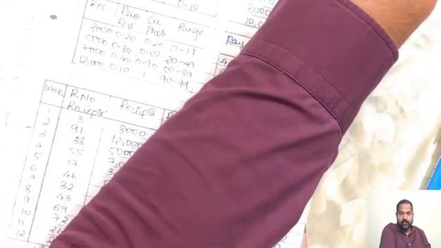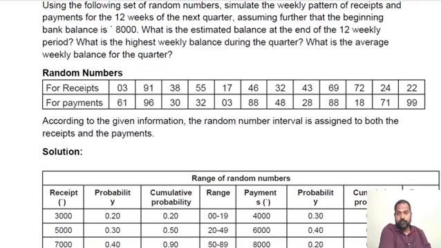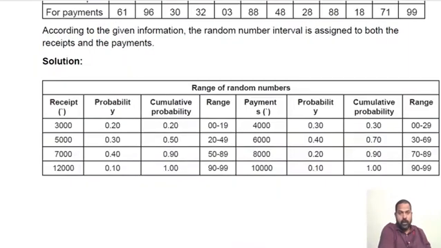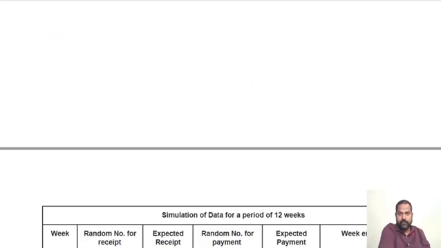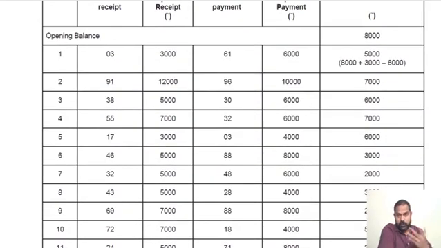Let's check if they have the same answers. So yes, receipts probability, cumulative probability range, payment probability, cumulative probability range. So this is the table where they have shown you the first calculation. 8,000 plus 3,000 that you receive.